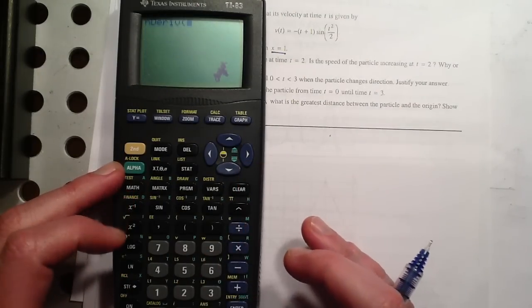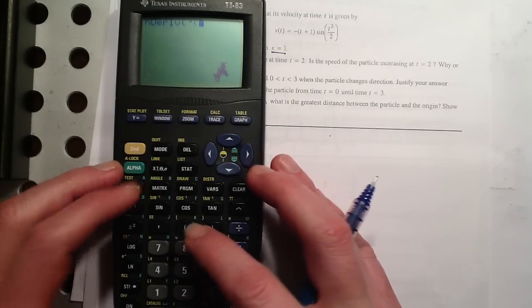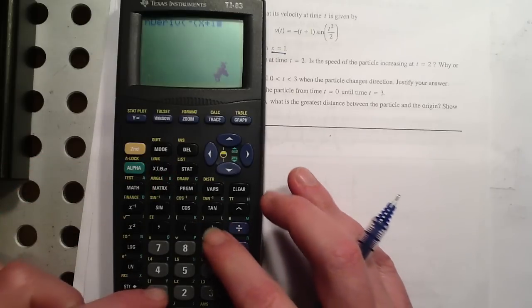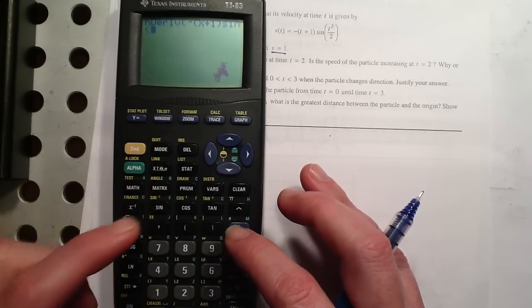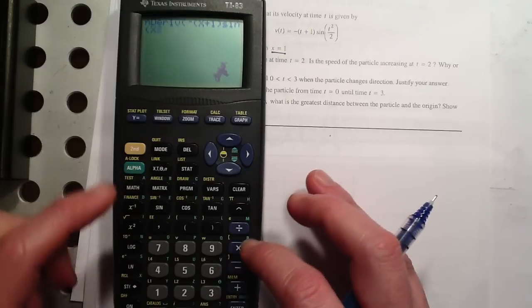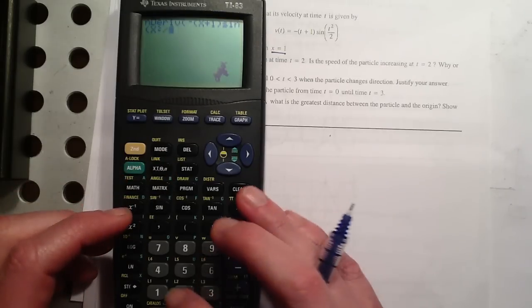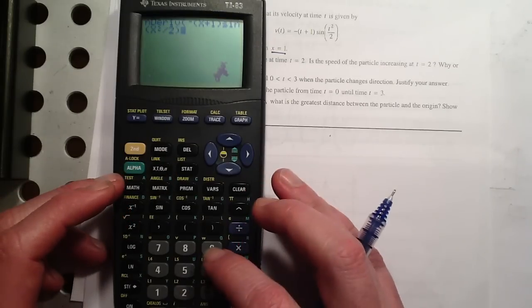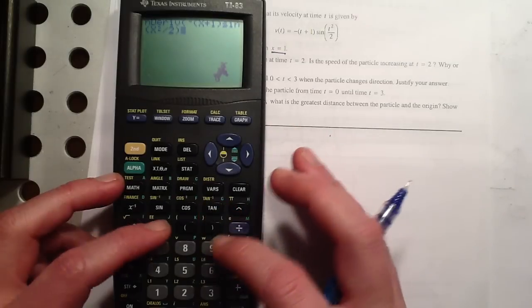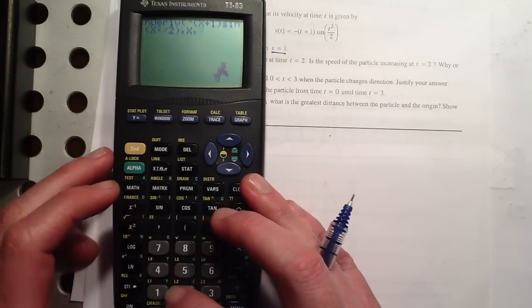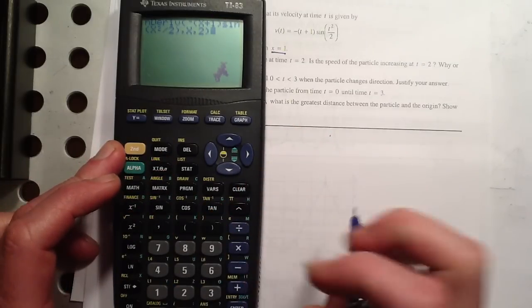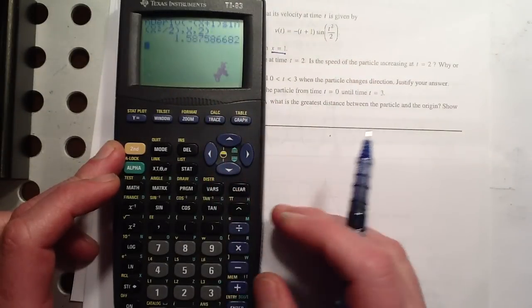and my derivative is negative x plus 1 times the sine of x squared over 2. That looks good. Comma x, comma 2. I want finding the derivative at 2.